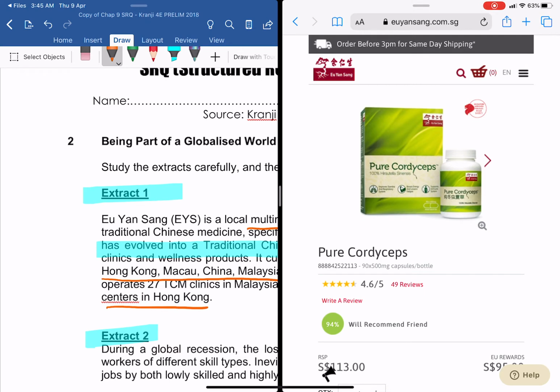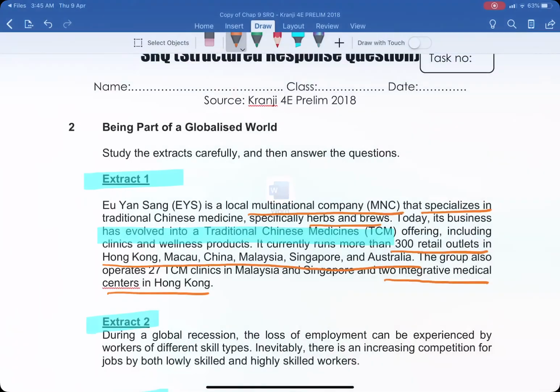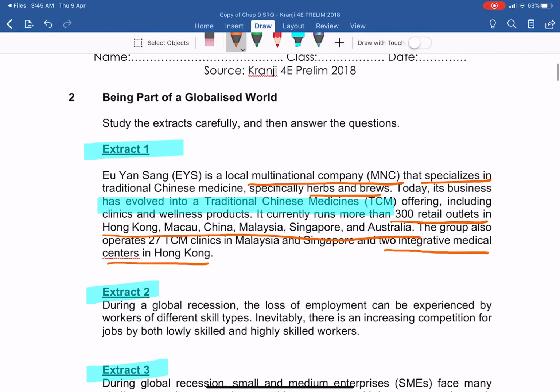Now what if in the O level you don't know this company? Okay, then if you don't know this company, what we do is we pick up details. You can see that because of the role of MNC and what we know about MNCs, that it has a lot of outlets, you can also see that it is not only herbs and brews, it has gone into medical centers.